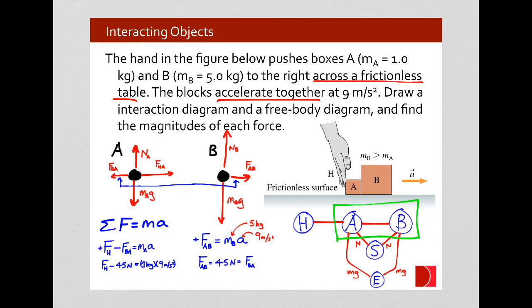And so if we get a 9 here plus the 45, we find that the force that the hand is pushing has to be 54 newtons.